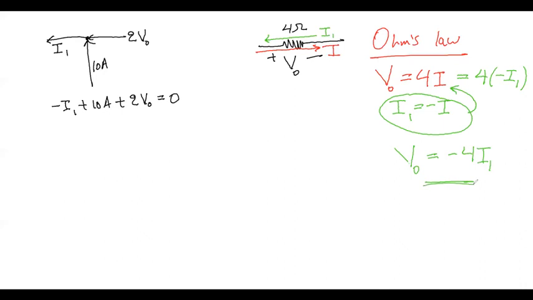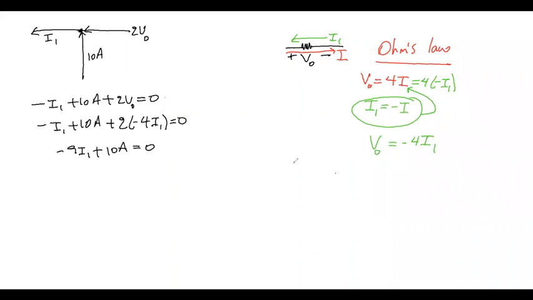Now we can use this to solve the first expression. What I have now is minus I1 plus 10 amps plus 2 times V naught, but now V naught is minus 4 times I1, and this is equal to 0.